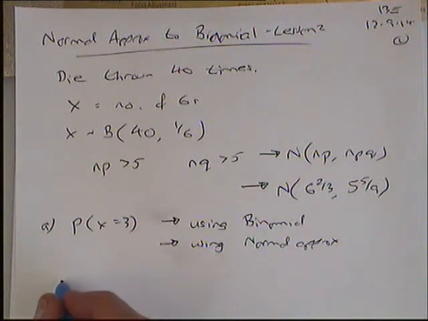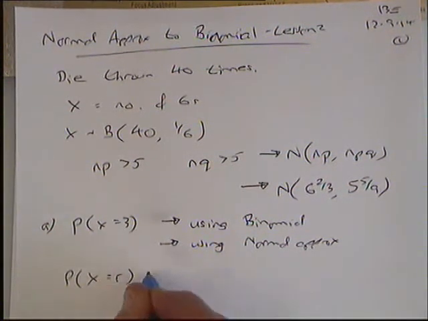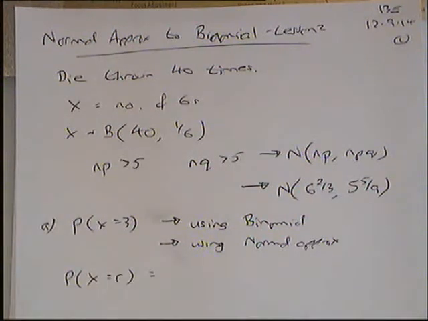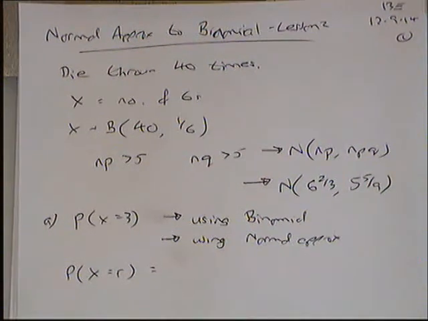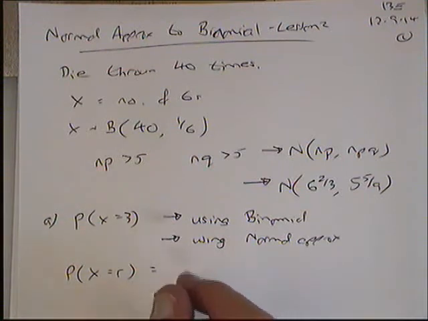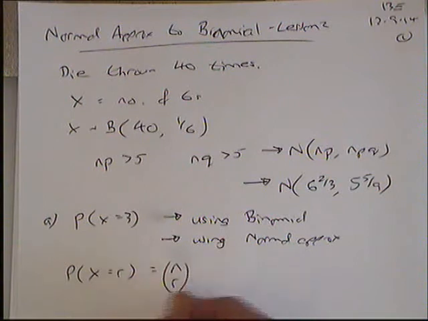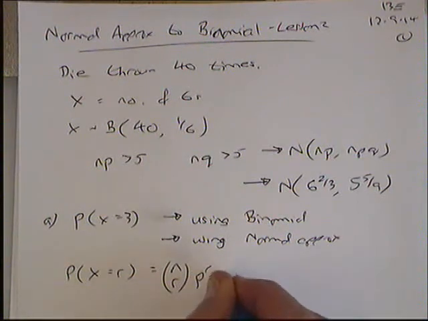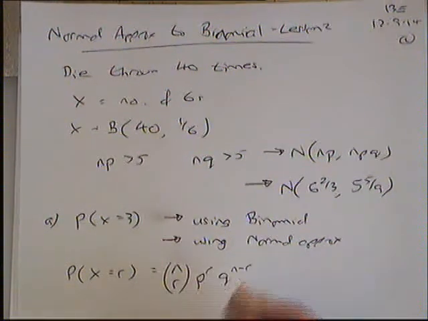So, first of all, doing the binomial distribution. What is the formula for the binomial distribution's probability? Something you should be able to know, on the tip of your tongue. It's nCr, p to the r, times q to the n minus r.